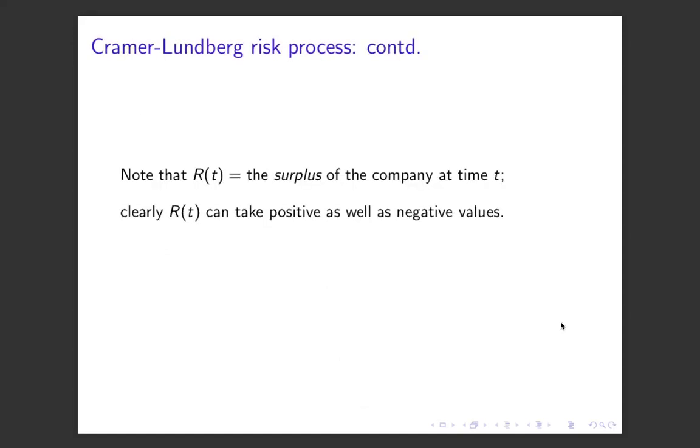That is called surplus. Of course, it can be positive or negative. If the surplus is negative, of course, the company is in the red at time t. So R(t) is the surplus of the company at time t. That's a term used in this context.